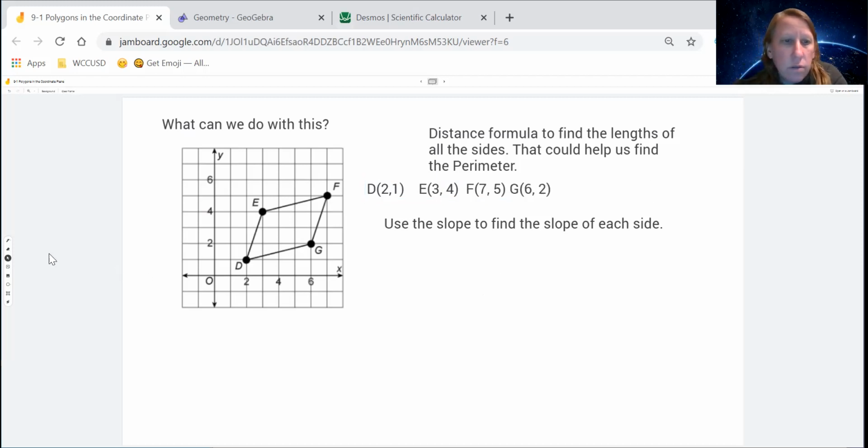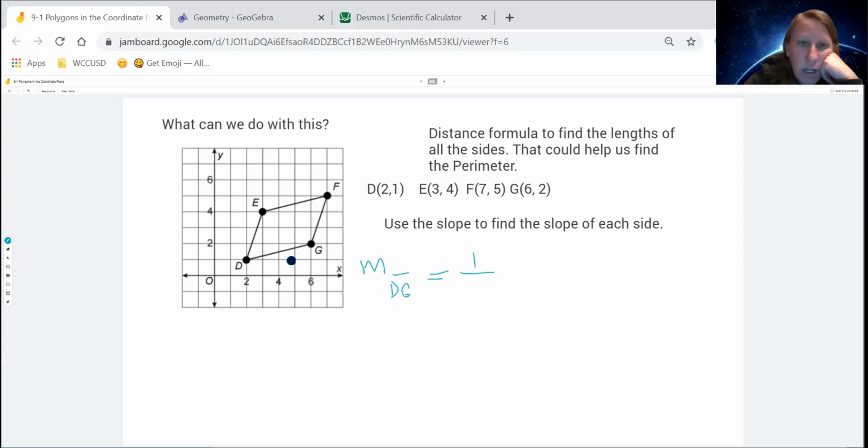All right, so let's just look at the slope of each. And because it's on the coordinate plane so nicely, I'm just going to straight count it. So what's the slope of this line segment right here? What's the slope of line segment DG? Well, how much up is it increasing? Rise.